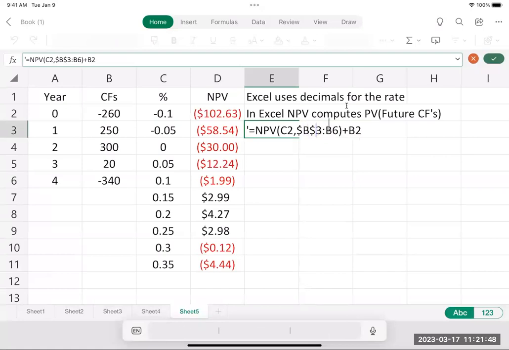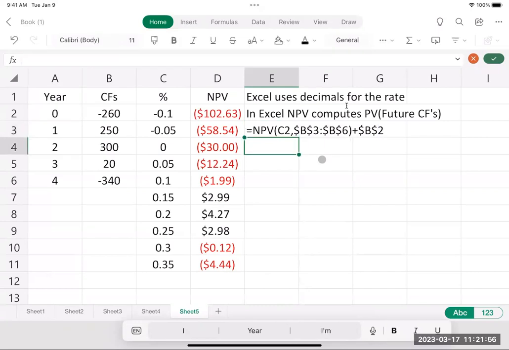So if you want to replicate this, that's how you do it. And you leave this without dollar signs because I wanted to change, go C2, C3, C4. I wanted to go all the way down. I'm going to move this comment here.